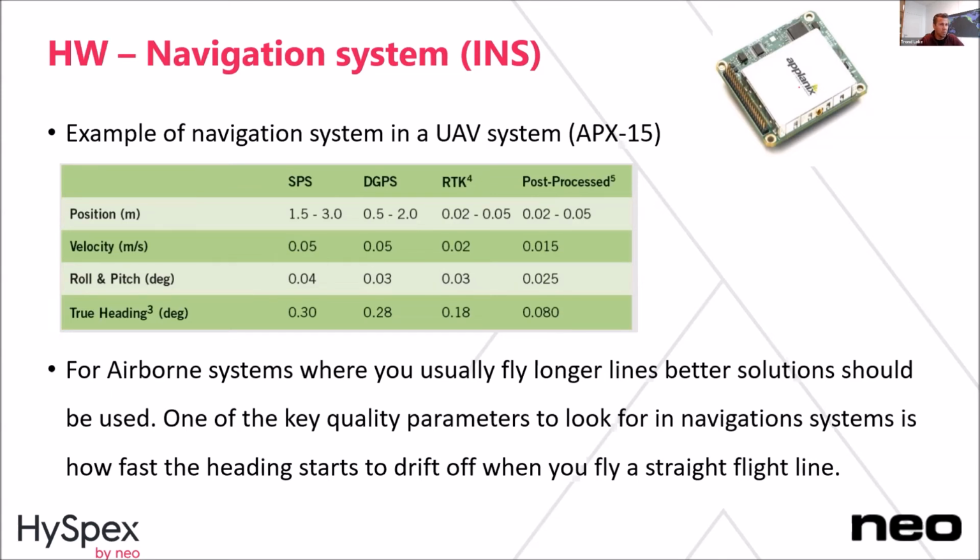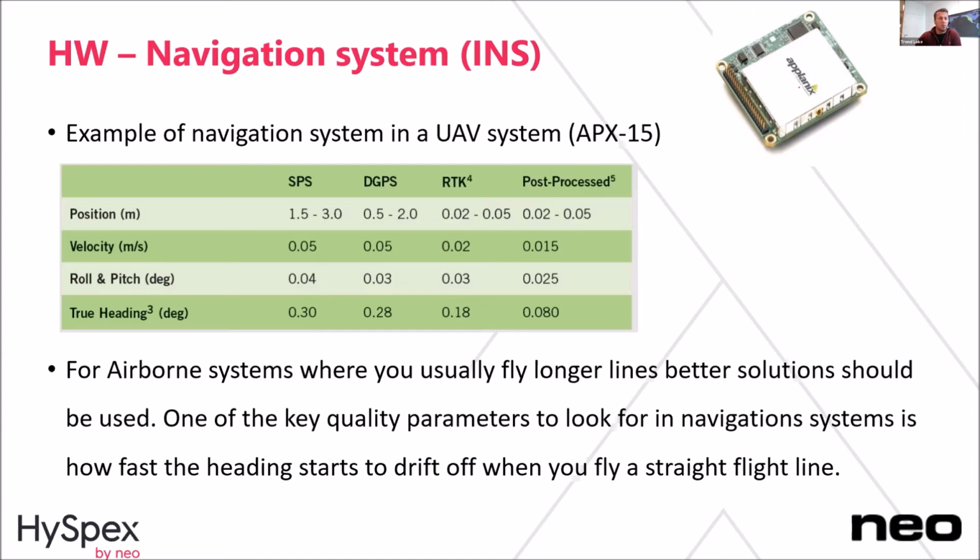But it will not work, for example, if you mount our UAV system on a fixed-wing aircraft or a fixed-wing UAV, and they want to fly a 20-minute-long flight line. Then this is not good enough. Then you need a better IMU that can be better for flying without taking turns. There is the APX-20, and the one in the Dornier is a POS AV 410, a very good system where you can fly for 20 minutes and the heading doesn't drift off.